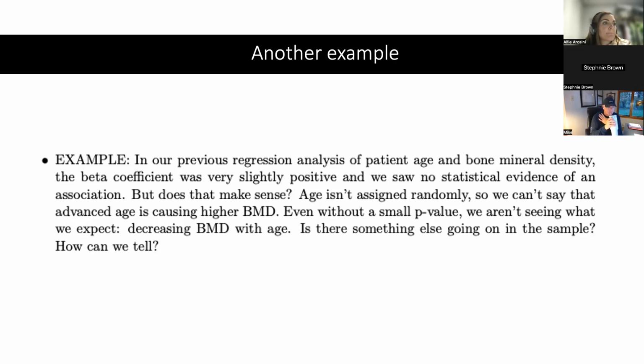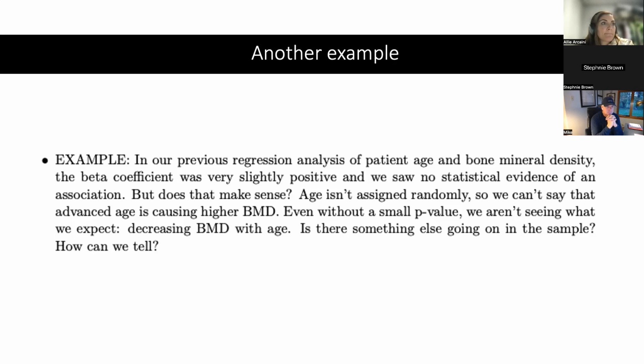The question is, well, does that make sense? From a scientific perspective, since this isn't a randomized control trial and age isn't assigned randomly, we can't say that getting older is causing higher bone mineral density. Even without a small p-value, we're not seeing what we would expect, decreasing bone mineral density with age.